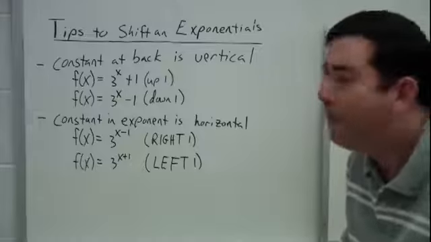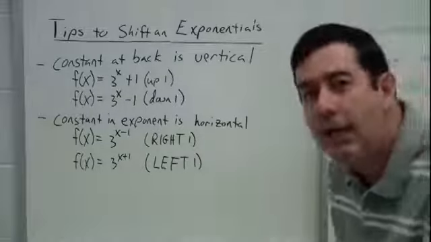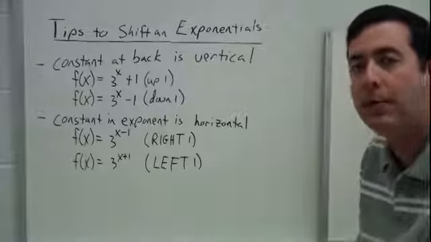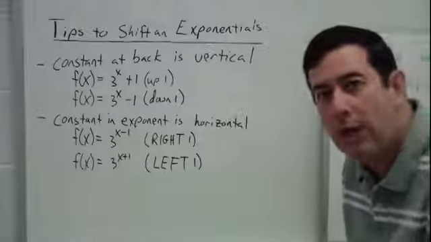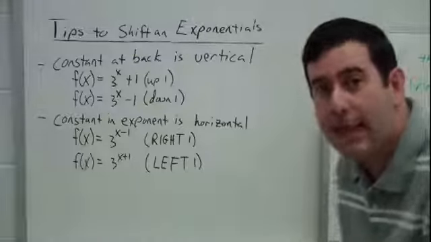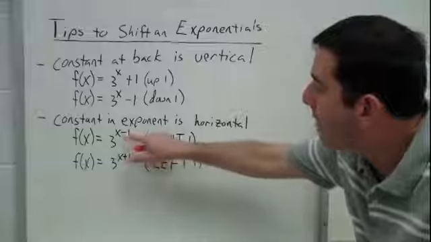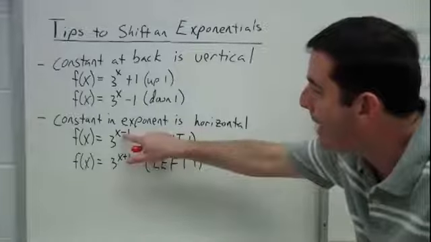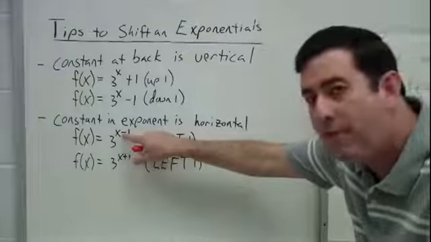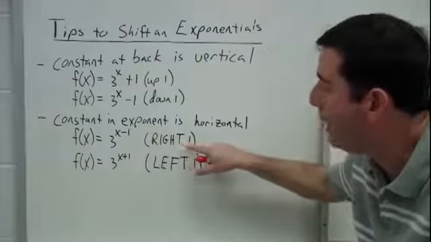But now look at what happens when we want to make a horizontal shift. Since there's not any kind of a grouping symbol present, in order for us to make a horizontal shift, what we'll have to do is to put the constant value in the exponent. Now here, for this one, putting a -1 in the exponent up there with the variable moves us to the right by 1 place.